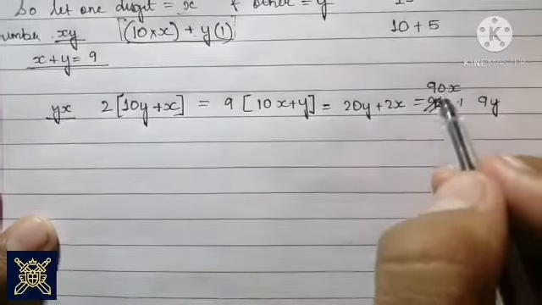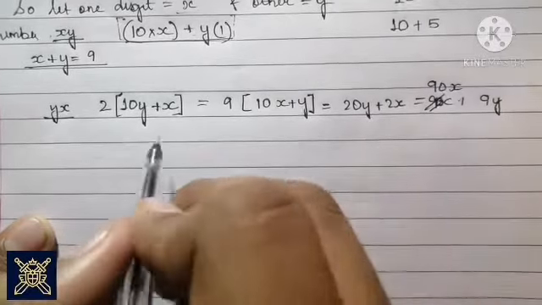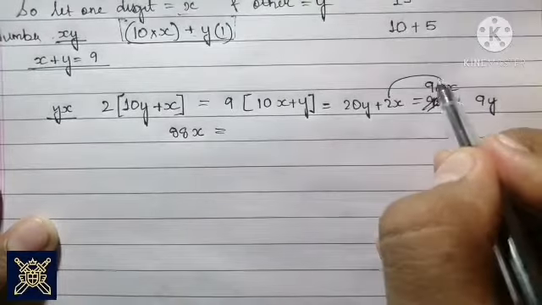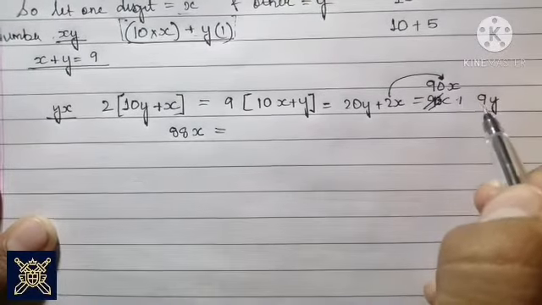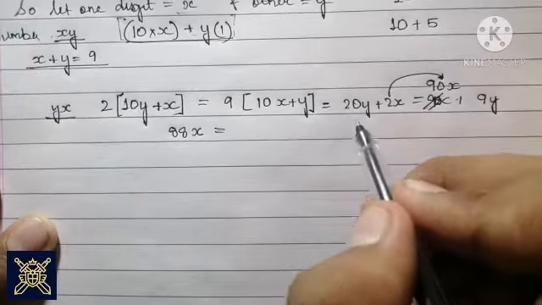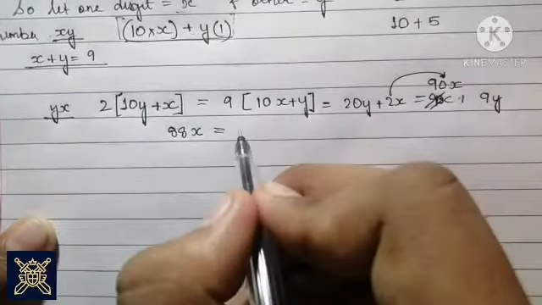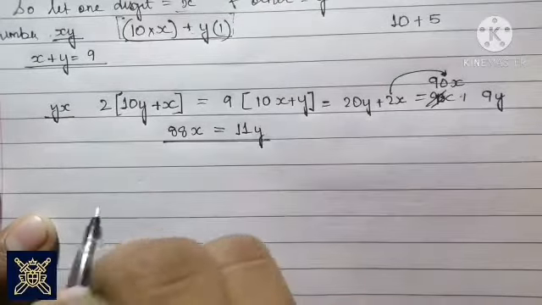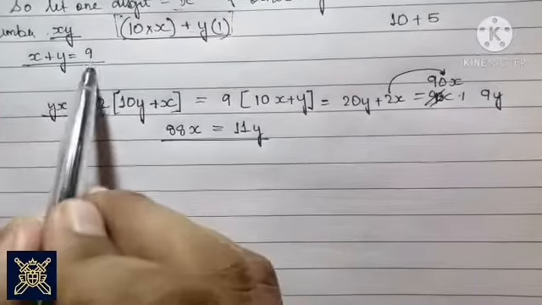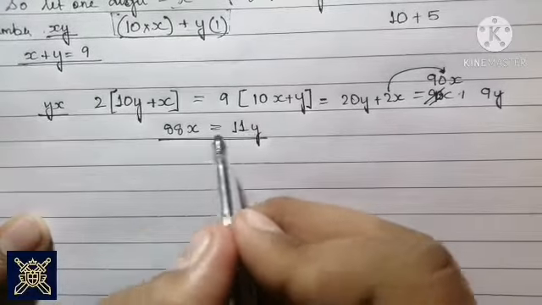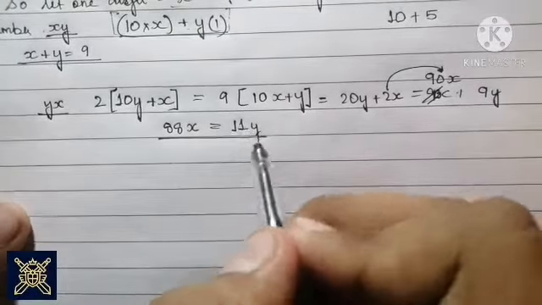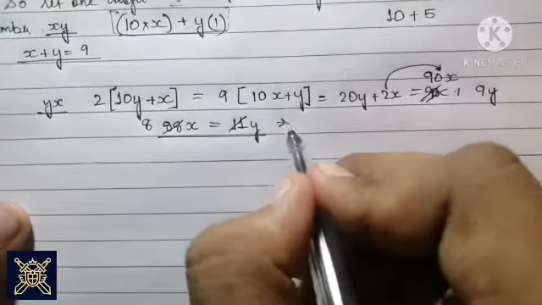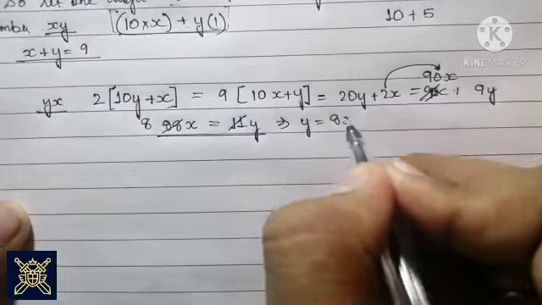So what we get is 90 minus 2x is 88x is equal to, this 2x over here will become minus 2x, and this 9y over here, 20 minus 9 is 11. So 88x is equal to 11y. This is one of the given pieces of information, and similarly x plus y is equal to 9. Here you can divide both sides by 11, so you get that y is equal to 8x.